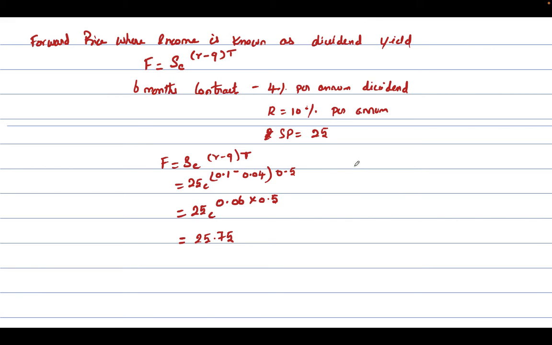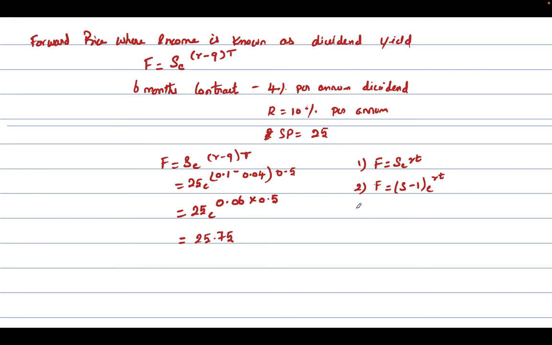So these are the three formulas which we use. First one, F, the forward price, equal to S exponent RT. Second, F, forward price, equal to S minus income to the exponent RT.